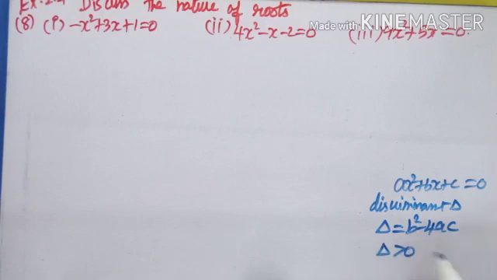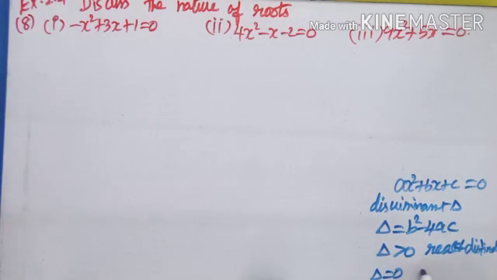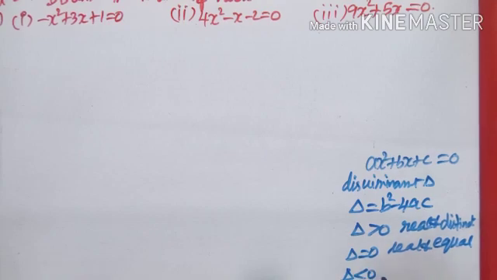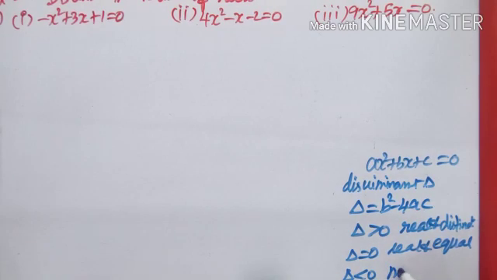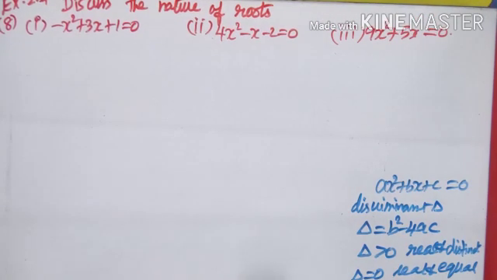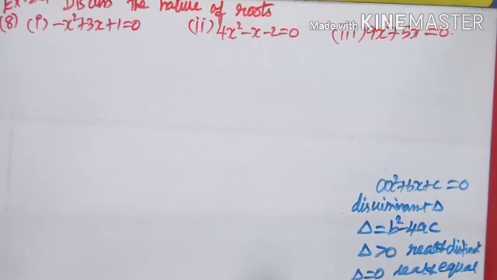Del greater than 0, real and distinct, I say. Del equals 0, real and equal we say. And del less than 0, it is not real. So we need to do all this in this particular problem.